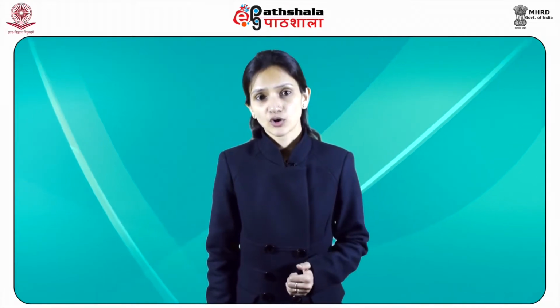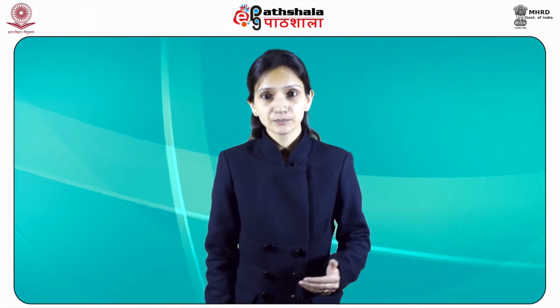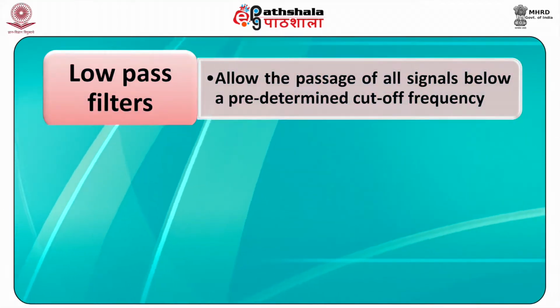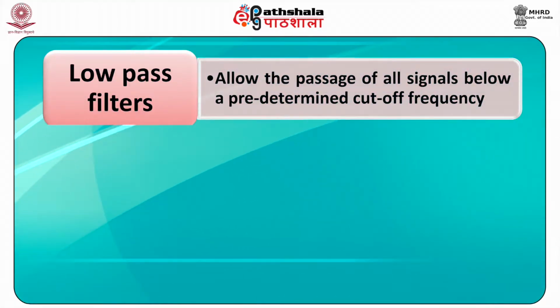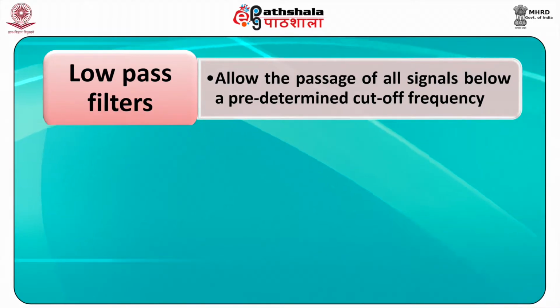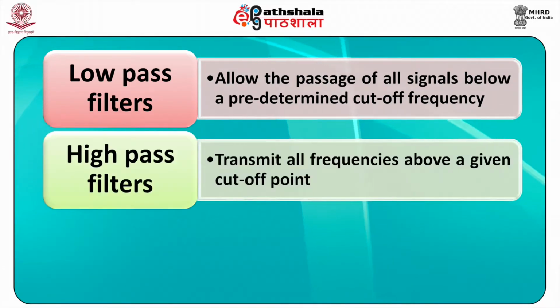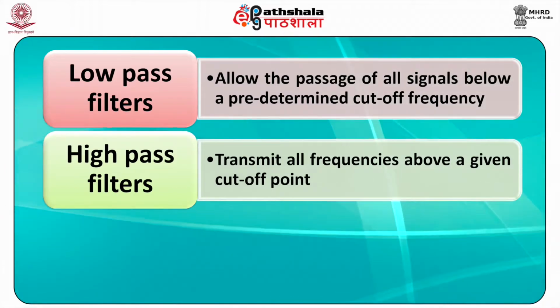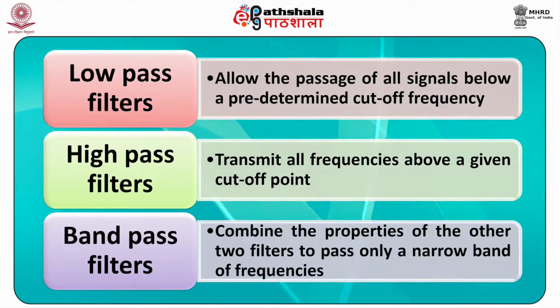Three kinds of electronic filters are used to select the band of measured frequencies. Low-pass filters allow the passage of all signals below a predetermined cutoff. High-pass filters transmit all frequencies above a given cutoff point, and band-pass filters combine the properties of the other two filters to pass only a narrow band of frequencies.